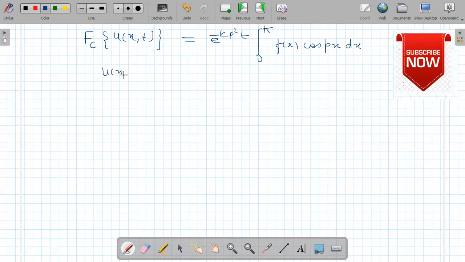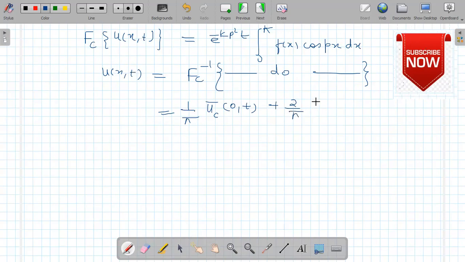So u(x, t) is the Fourier cosine inverse of this expression, which is equal to 1 upon pi u_c bar at 0 comma t plus 2 upon pi summation u_c(p, t) cos px. This is by definition I am writing. You should look at the definition again if you don't remember the formula.